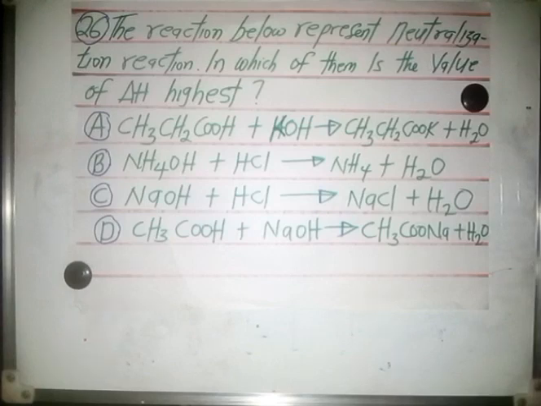So you look for the equation that has a strong acid reacting with a strong base, because there is complete dissociation, and that will make the value of ΔH to be the highest.